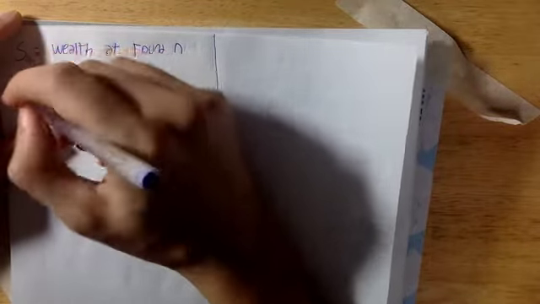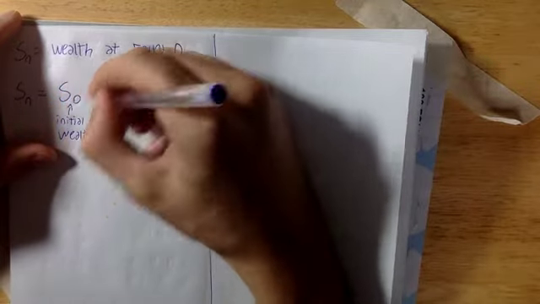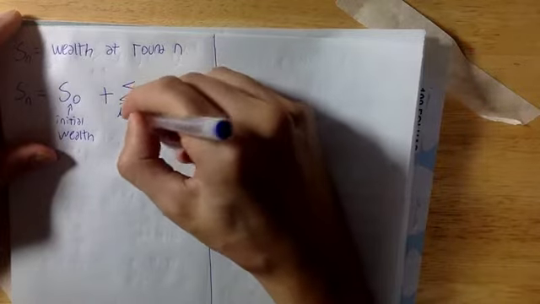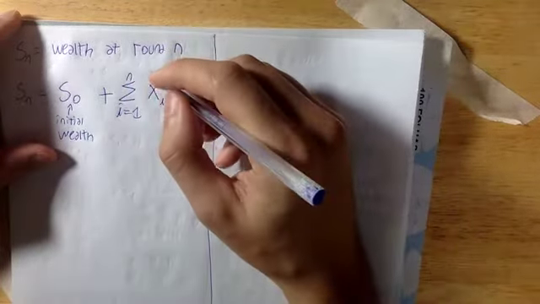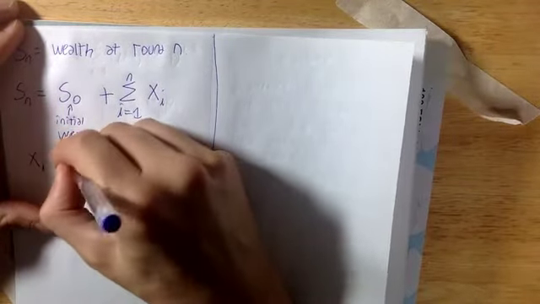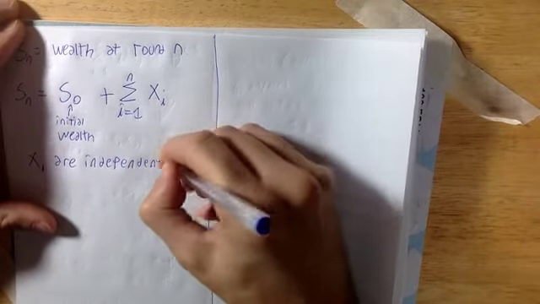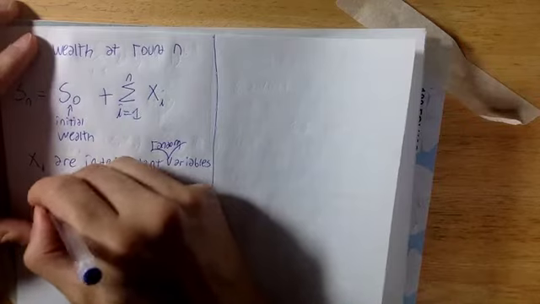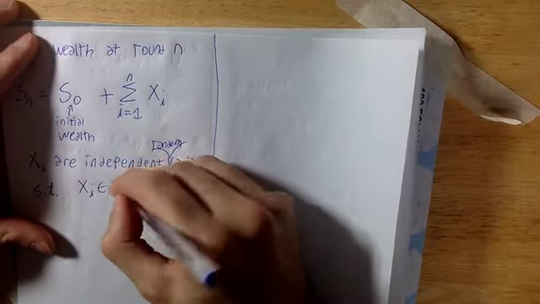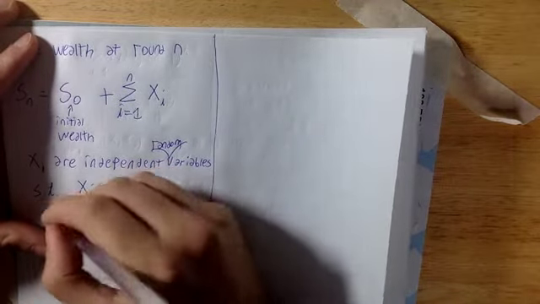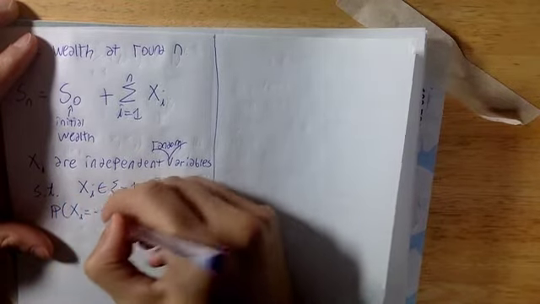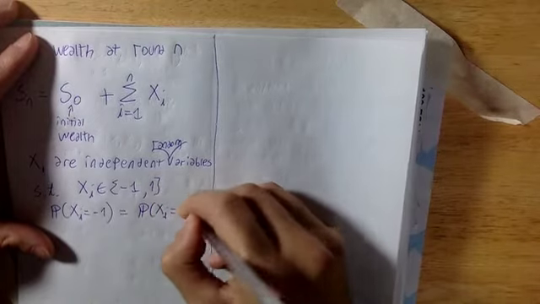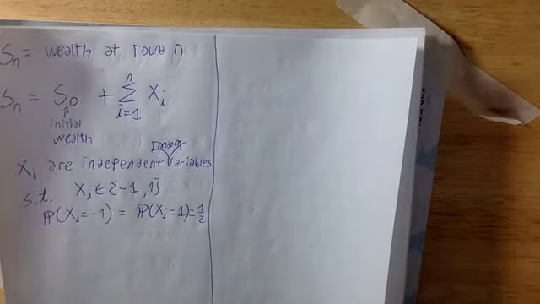So then Sn is going to be equal to S0, which is initial wealth, plus the sum from i equals 1 up to n of Xi, where the Xi are independent random variables, such that Xi only takes the value minus 1 and 1, and the probability that Xi is equal to minus 1 is equal to the probability that Xi is equal to 1, which is equal to 1/2. Okay, so we have a fair coin.